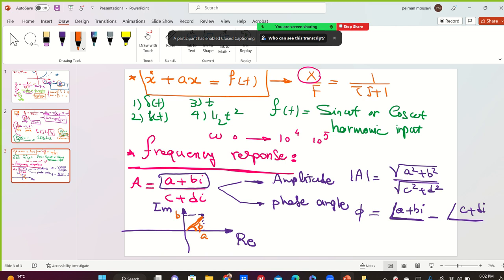So tangent of phi, from high school trigonometry, is B over A, the imaginary part divided by the real part.